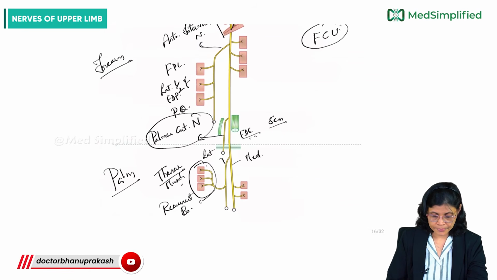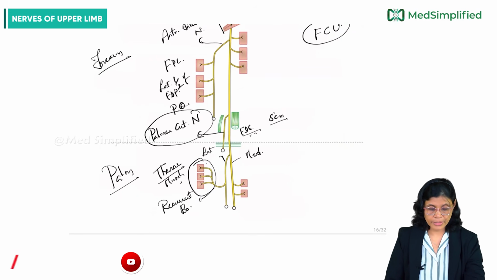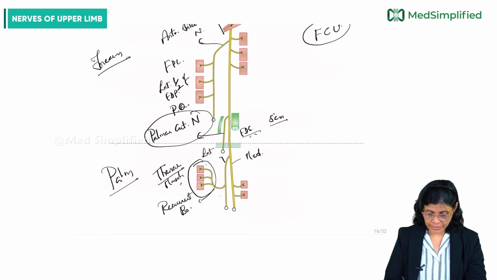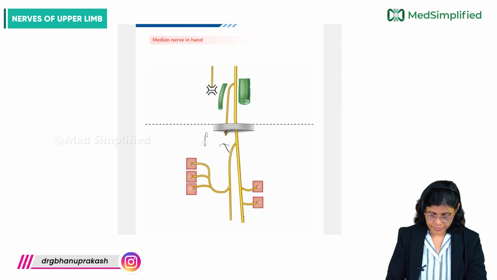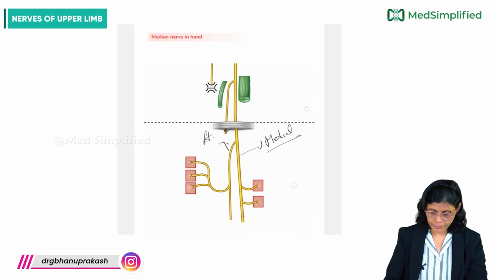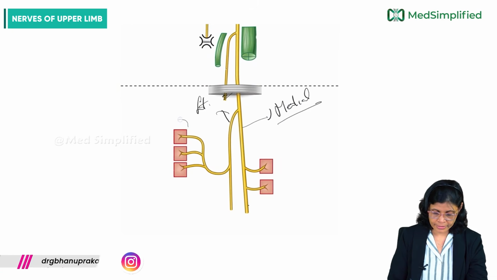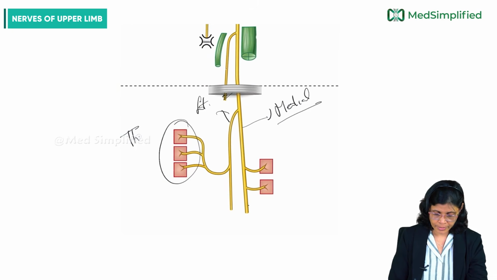Then this lateral division, if you see, is supplying the thenar muscles.